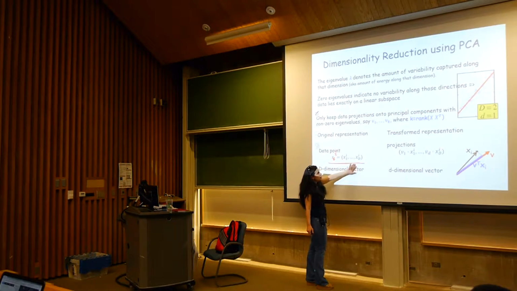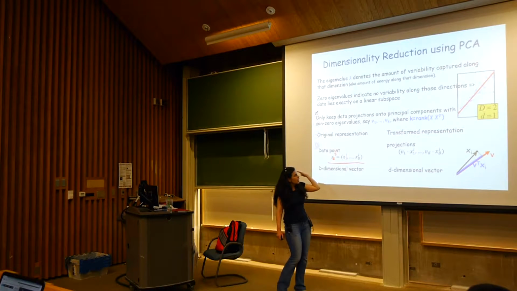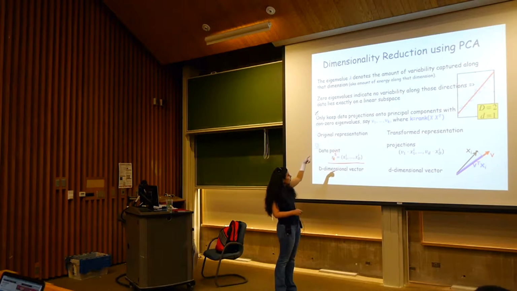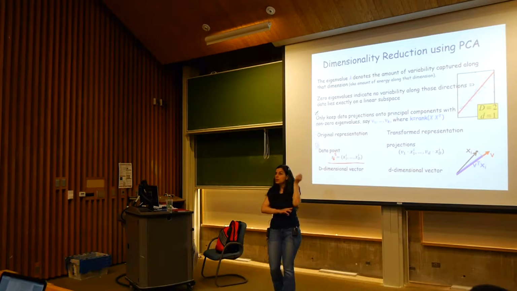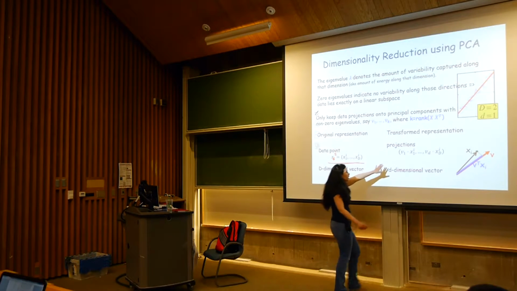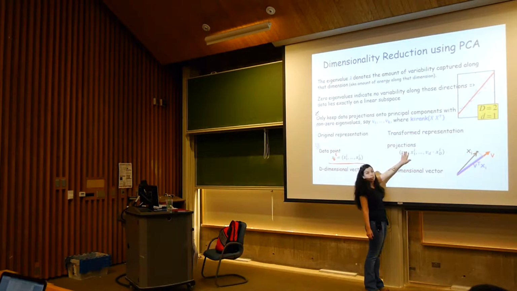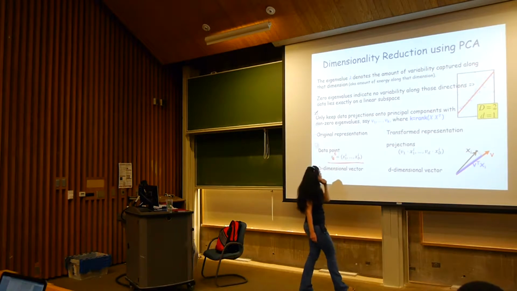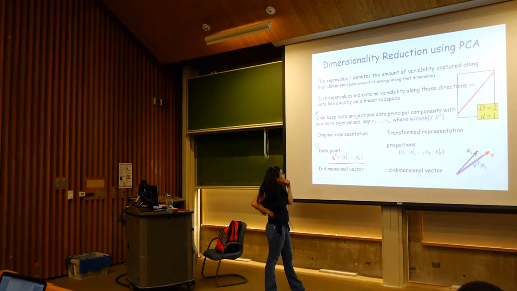If I do PCA and find, say, the first d eigenvectors of the sample covariance matrix, this is how I'm going to represent the data in the new axes, in the new representation. This is the first coordinate of the data. As we argued, this is the length of the projection of my point onto the direction.